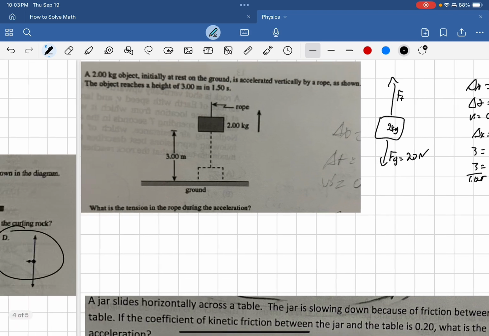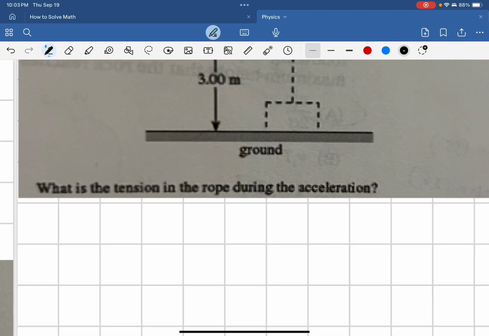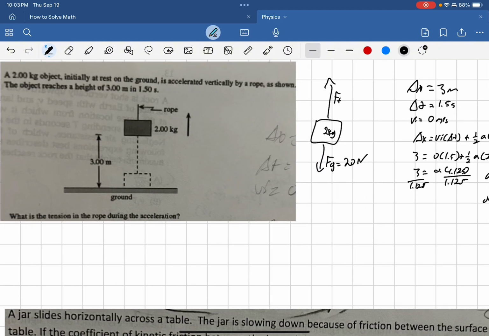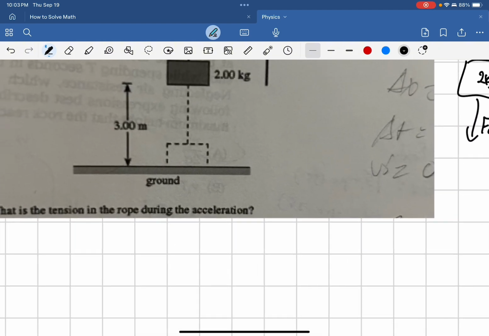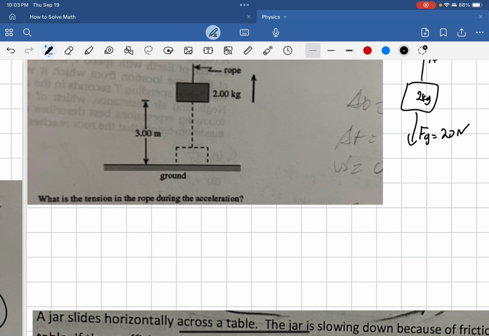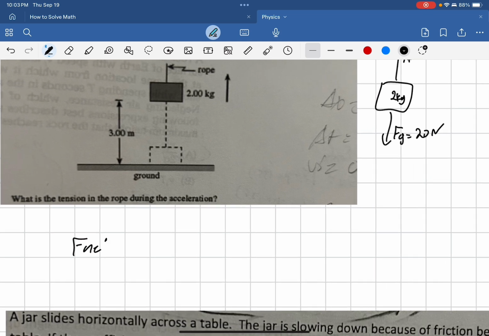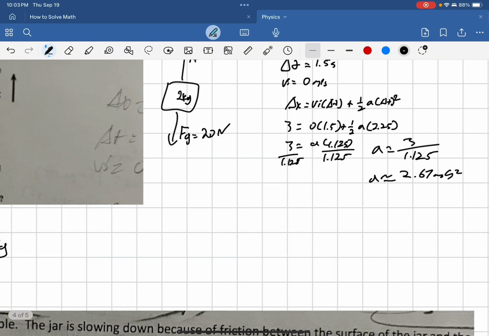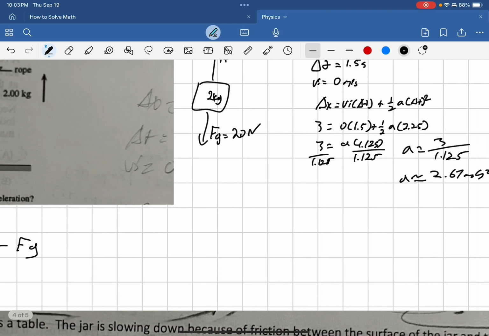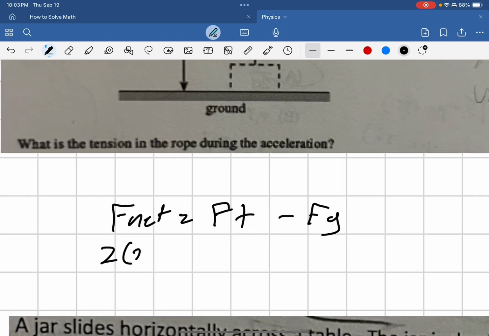Now that we know a, we are able to calculate the tension. F net is going to equal F of t minus F of g. So 2 times 2.67 is going to equal F of t minus 20.